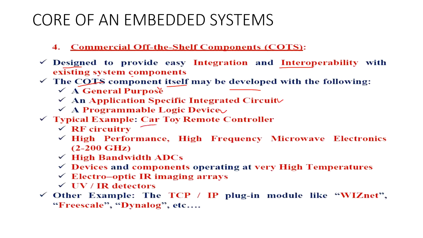Typical examples: a toy car remote controller with RF circuitry, high performance high frequency microwave electronics around 200 gigahertz, high bandwidth ADCs, devices and components operating at very high temperature, electro-optic imaging arrays, and UV or IR detectors. The other examples are TCP/IP plug-in modules from vendors like Freescale, Dynalog, etc.